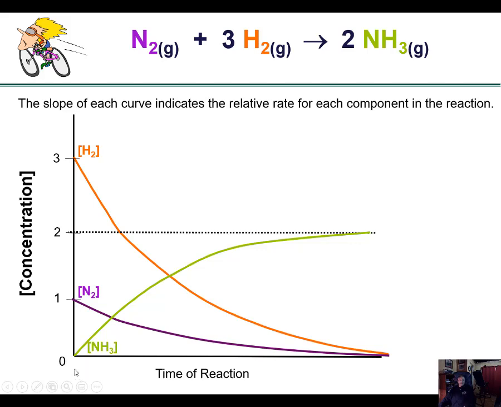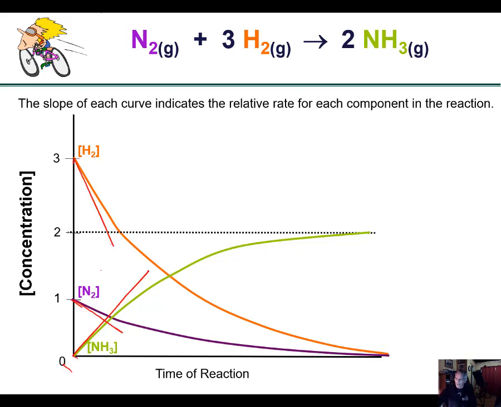Now, in the same amount of time, 2 moles of ammonia are going to be produced. Eventually, as the reaction comes to a termination, all the rates end in zero. That is, the rate of change of the concentrations of our different components stop changing. They reach a zero rate of change.